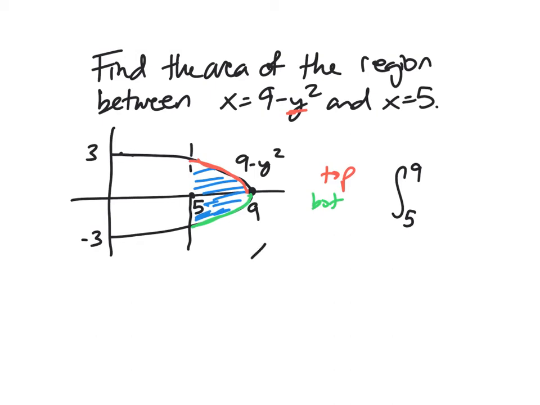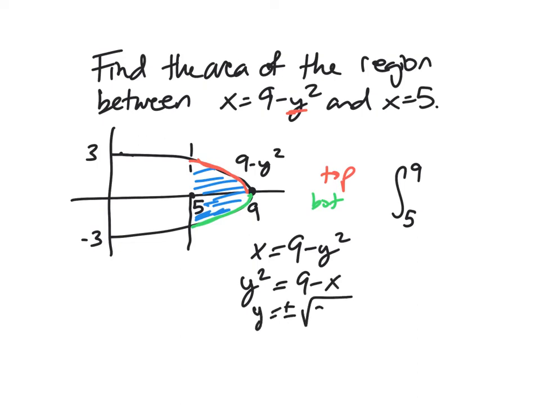So this is really just the two pieces of x equals 9 minus y squared, right? You can solve for y as y squared is 9 minus x, and so y is plus or minus the square root of 9 minus x. And so the top is the positive square root, and the bottom is the negative square root.